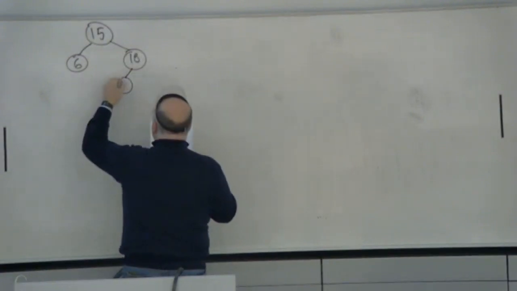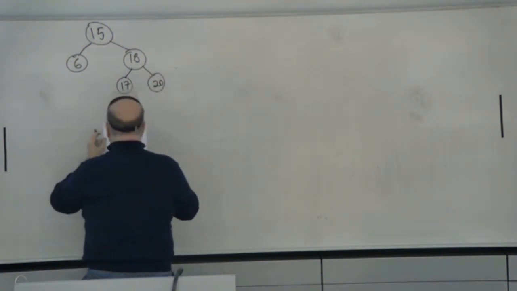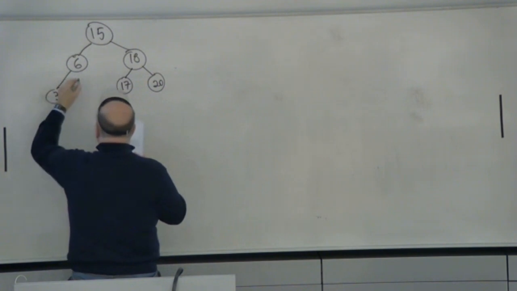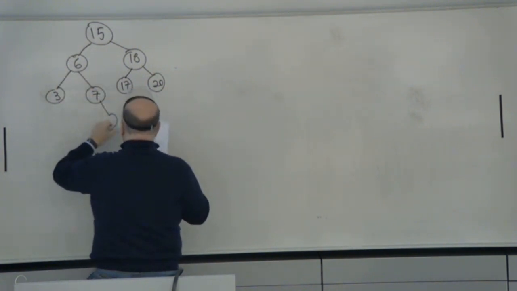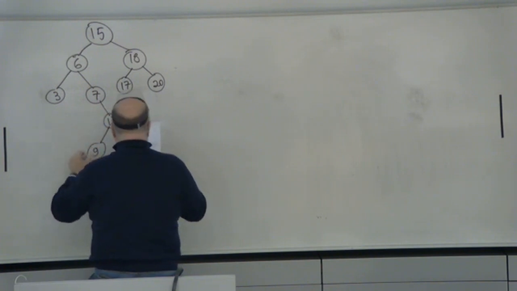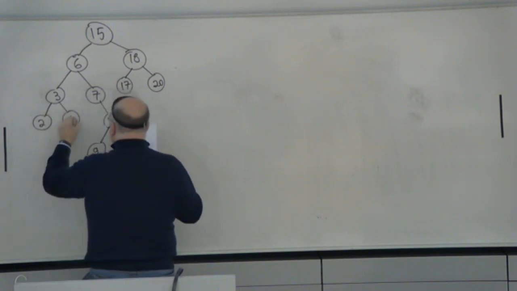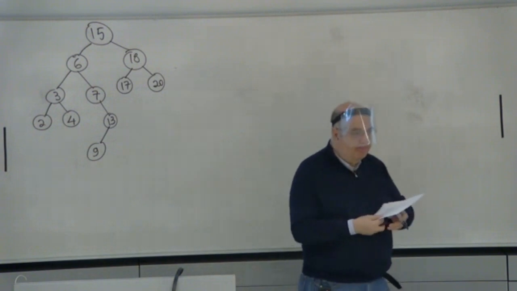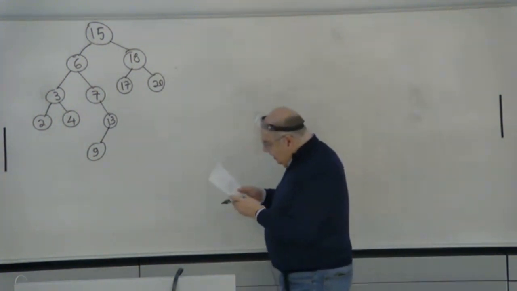And then 17, 20, 3, 7, 13, and 9, 2, and 4. So this is an example of a binary search tree.